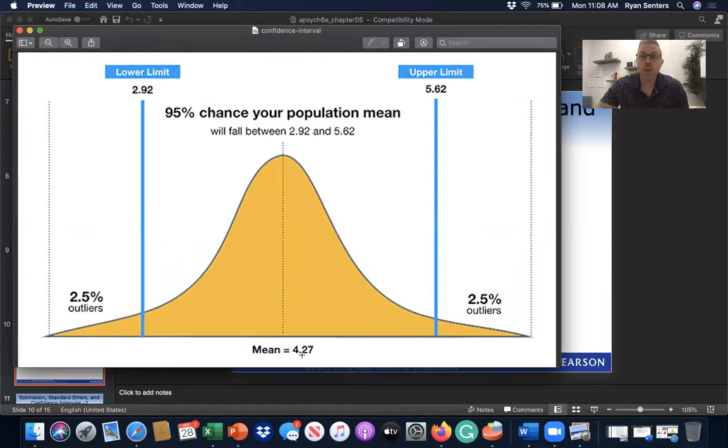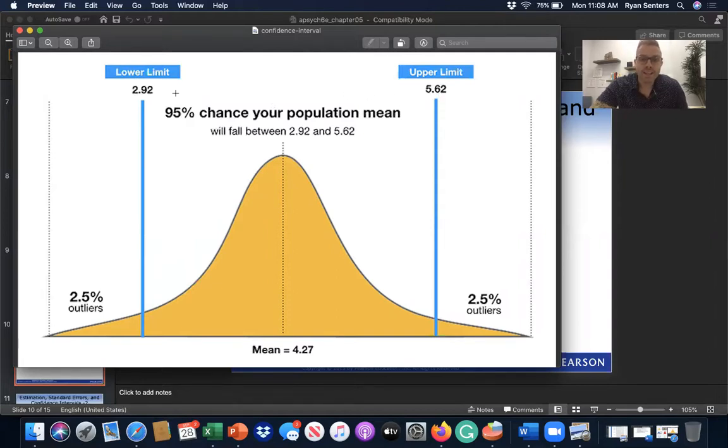So what confidence intervals do is they use the distribution and find the percentage limits. There's always a lower limit, so on average, it's $2.92, and then the upper limit is $5.62.